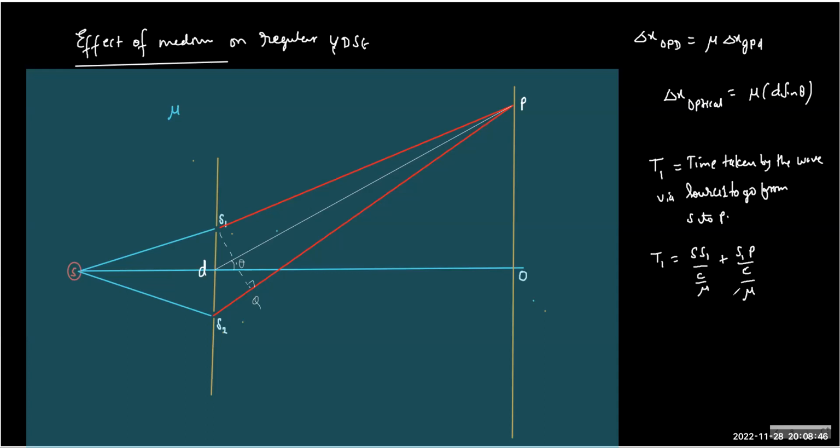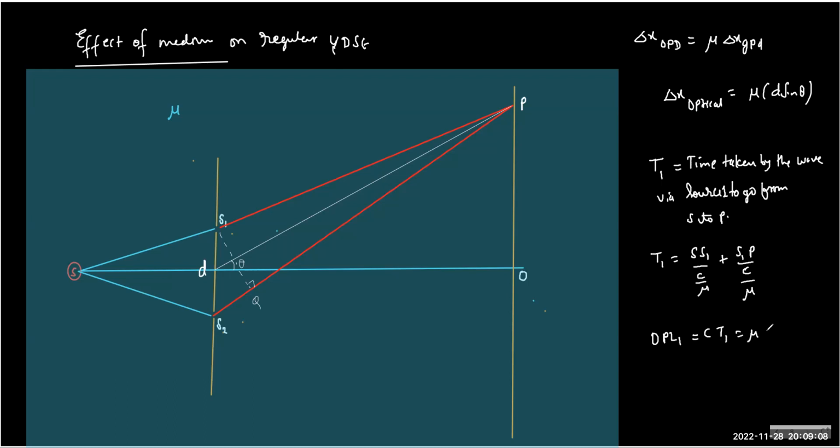Now, luckily, the mu is the same. If I change the mu, still you can write the answer. That's the beauty. Yes, sir. And the optical length, OPL1, let's call it, is defined as C T1. That's very simple, just take the C on the left side. Whatever you are getting is the answer.